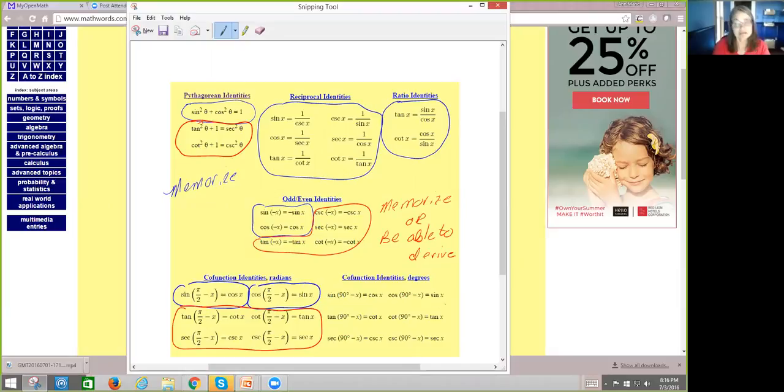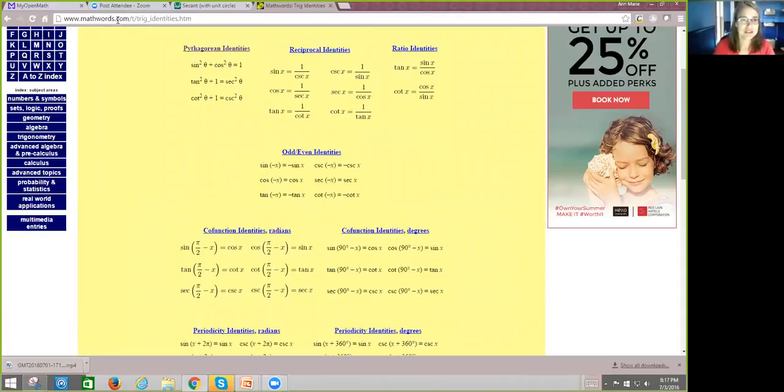Write this down. Make yourself some flashcards, some cheat sheets, but not cheat sheets that you can use on the test. These are cheat sheets to help you memorize. So you have the web page now. You know how to get here: mathwords.com/t/trig identities. Or you can click till you find it in the trigonometry section. Okay.